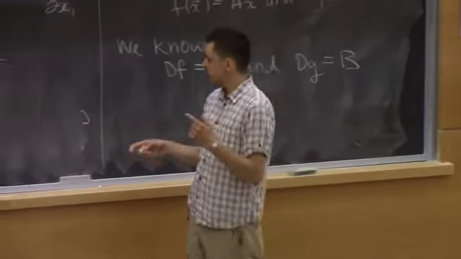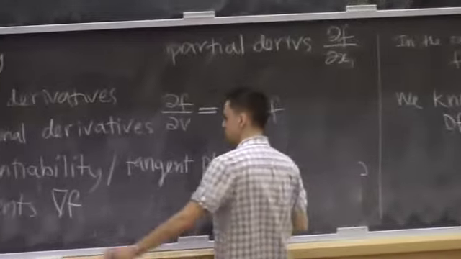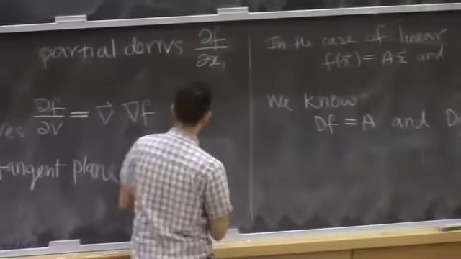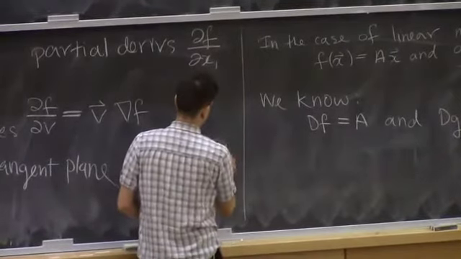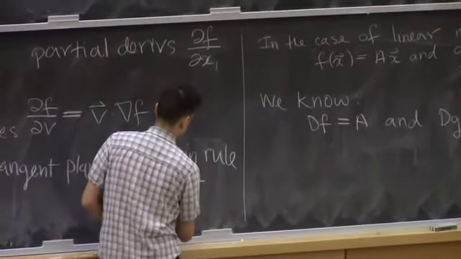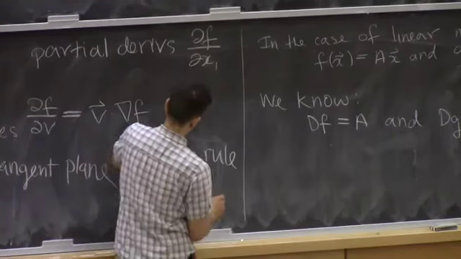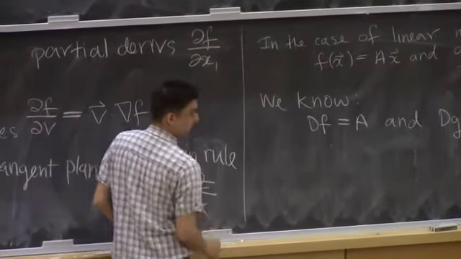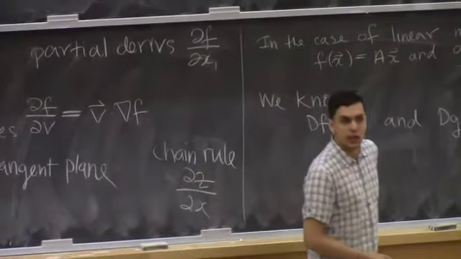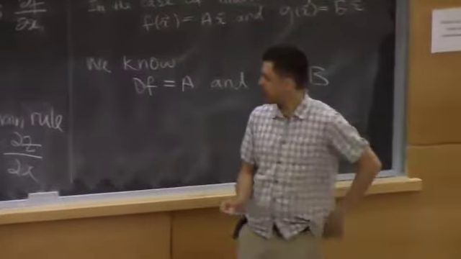Anything else? Chain rule. And we had two sort of flavors of chain rule. We've only really talked about one of them. So chain rule, variable dependence diagrams.